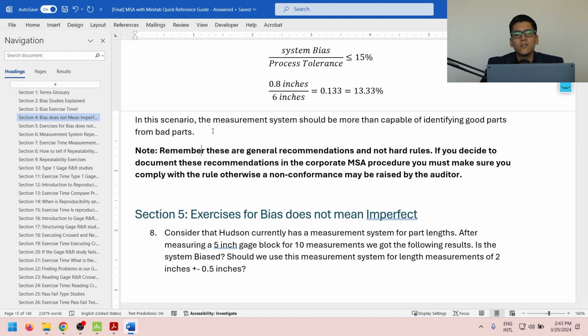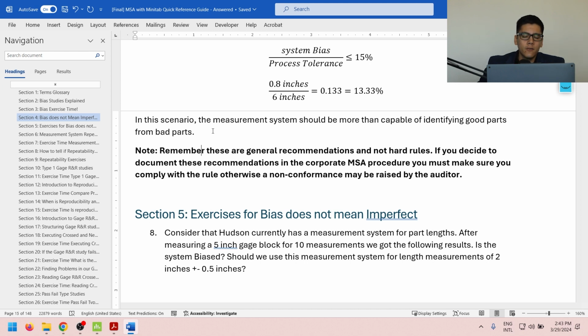But if instead you simply keep this rule in mind and try to always be below 15%, and let's say one time you're at 18% or 19% and the team says, well, that's fine, and you do not meet that 15%, well, if it's not documented, this is not a hard rule. The FDA or ISO is not going to come in and say you're above 15% or below 15%.